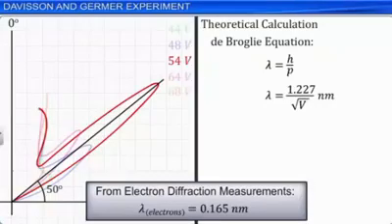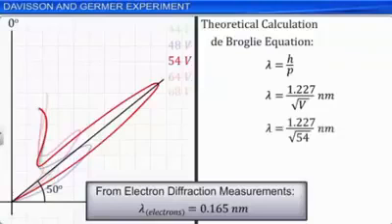In this experiment for diffraction of electrons, the peak value of intensity was observed at 54 volt. On substituting this value in the equation and simplifying, we get the associated wavelength equal to 0.167 nanometer.